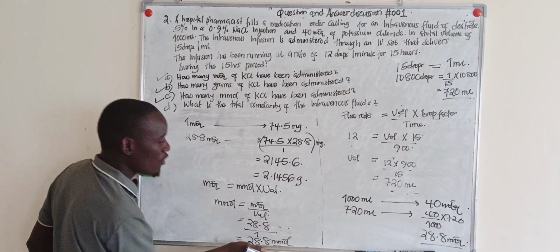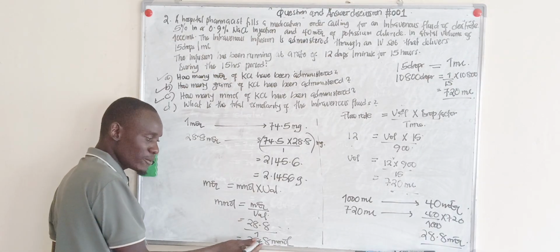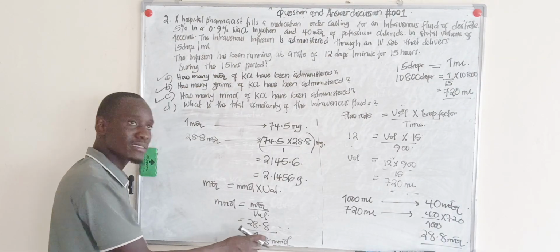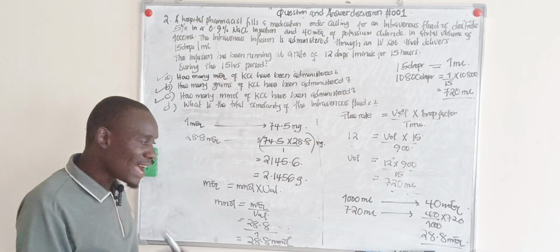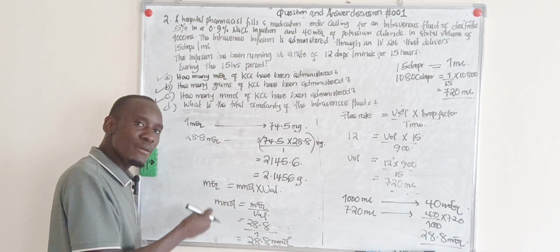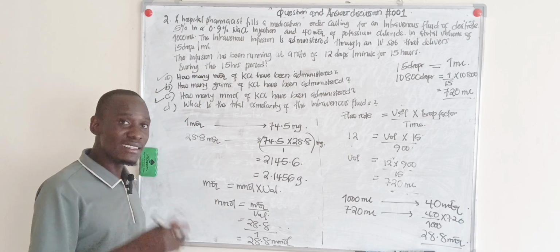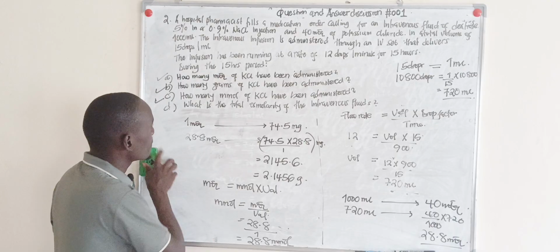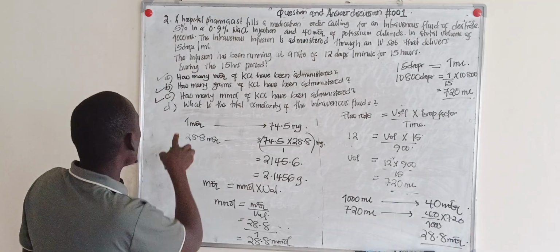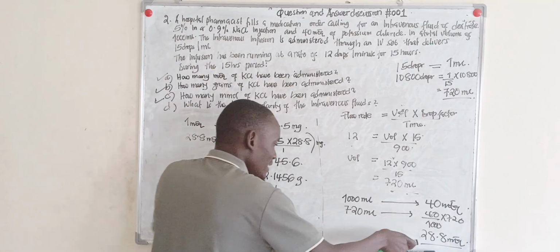So the number of millimoles of potassium chloride is 28.8, because we know that for compounds that have got one valence, 1 millimole is equivalent to 1 milliequivalent, as we looked at the relationship between those two. Let's look at our last Roman, that is Roman D.